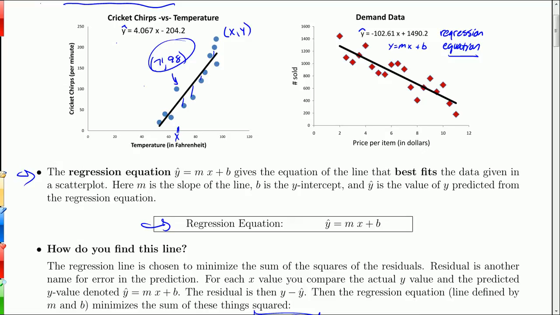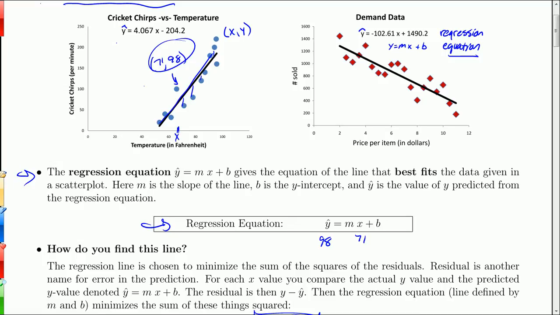The misconception is that if you put 71 in here, you better get 98 here because that's one of the data points. But as you can see, the line doesn't go through every data point. So it's not very often that you'll actually hit a y value from your data, given the corresponding x value.